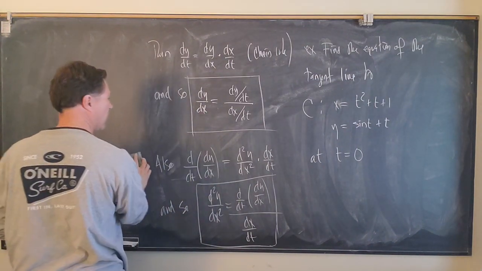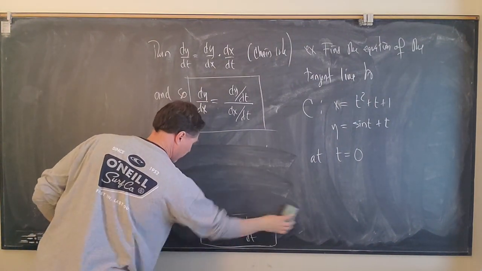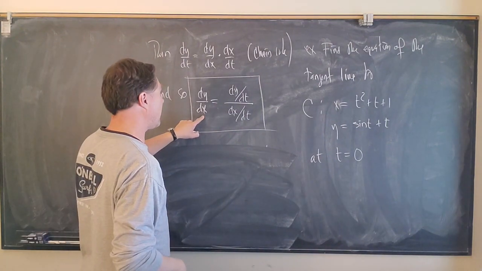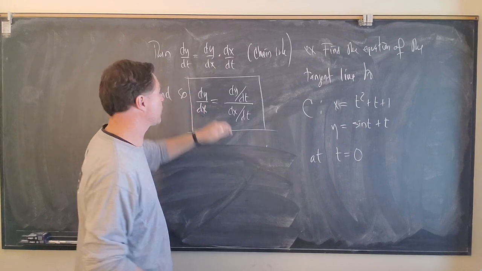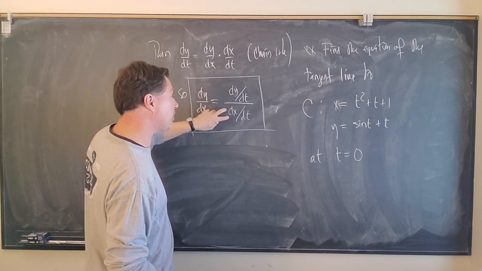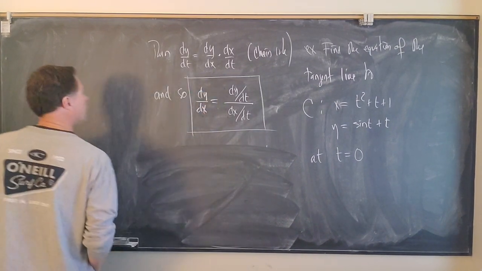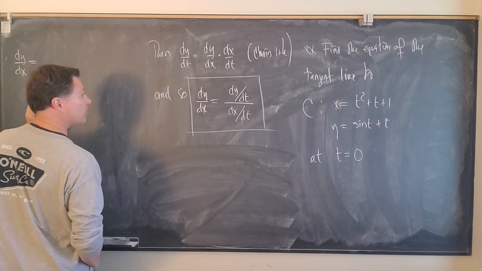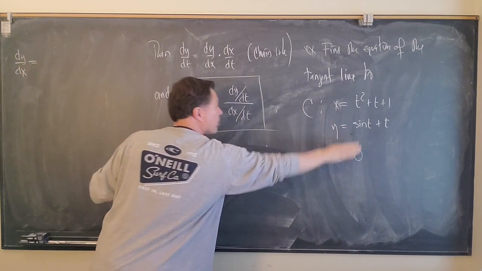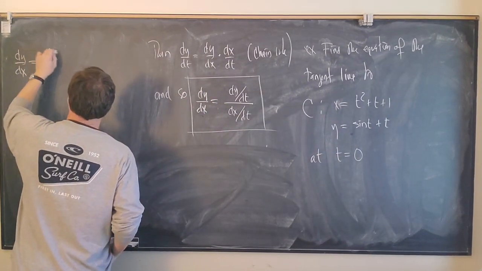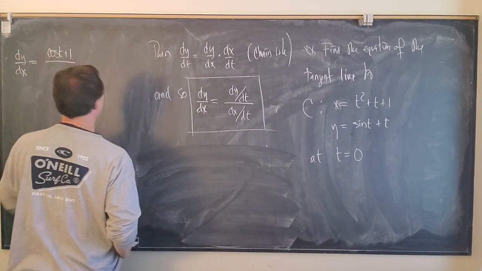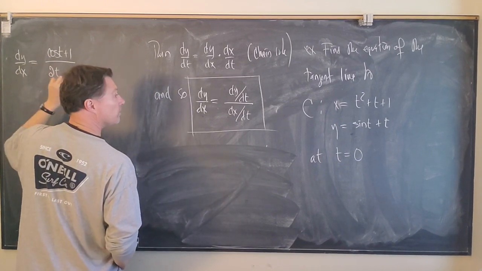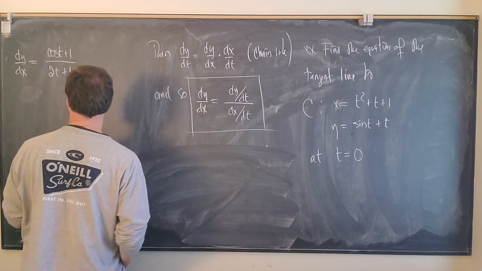Okay, so I'll leave my first derivative formula up here. I want to compute dy/dx, so I create a fraction where I put dy/dt in the top and dx/dt in the bottom. So dy/dx is going to be the derivative of the y function, cosine of t plus 1, divided by the derivative of the x function, 2t plus 1.